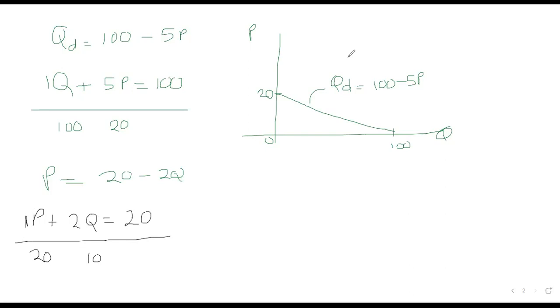Then how do we plot this? So the P on the y-axis and the Q on the x-axis. Then on the P, we cut 20 there. 20. Then on the Q, 10.